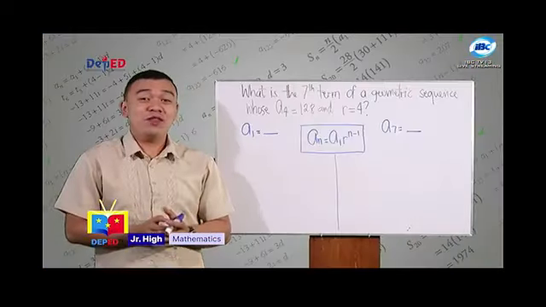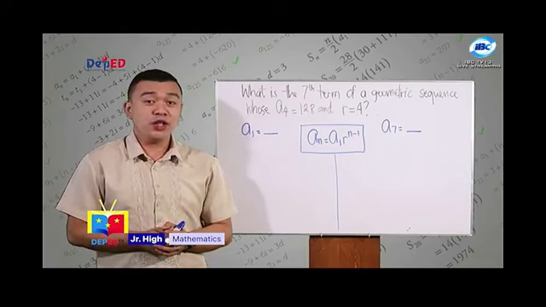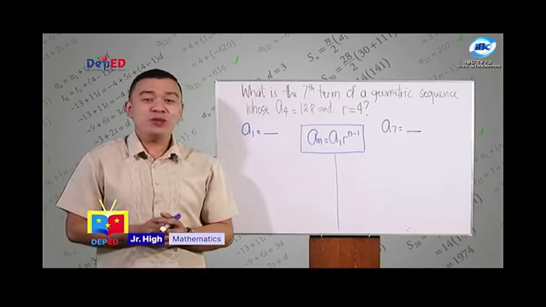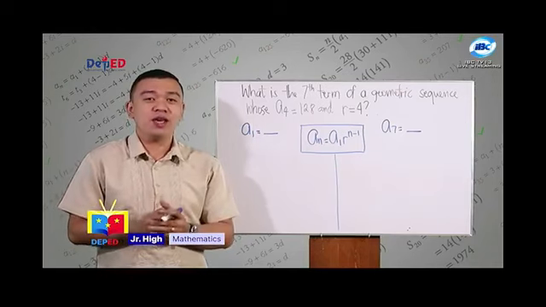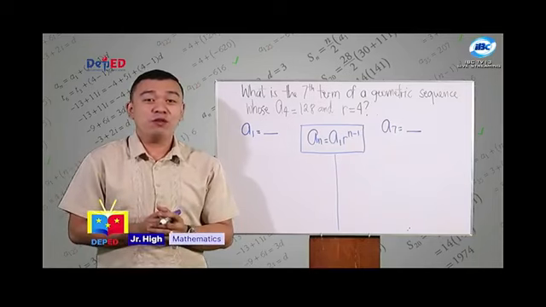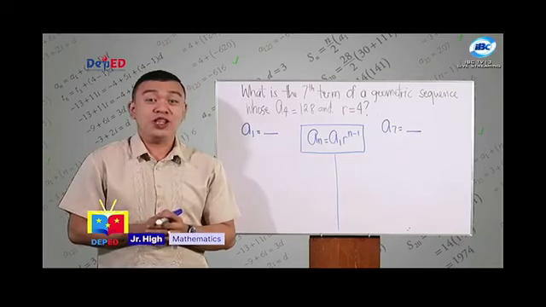What is the seventh term of a geometric sequence whose fourth term is 128 and the common ratio is equal to 4? To begin with the problem, you have to analyze carefully what it asks for. The problem is asking for the seventh term, but the first term was not given.